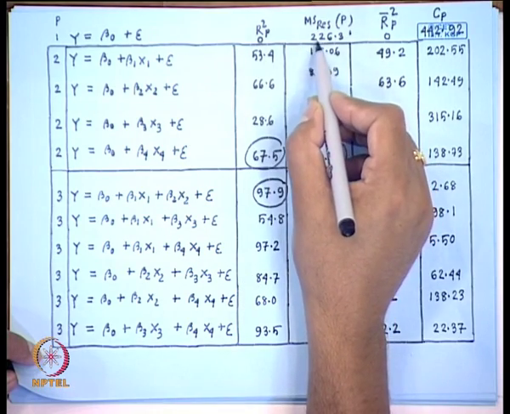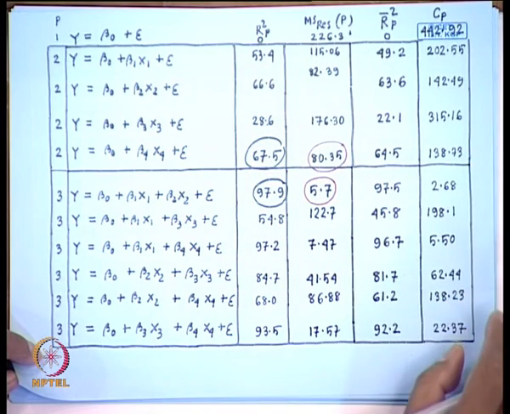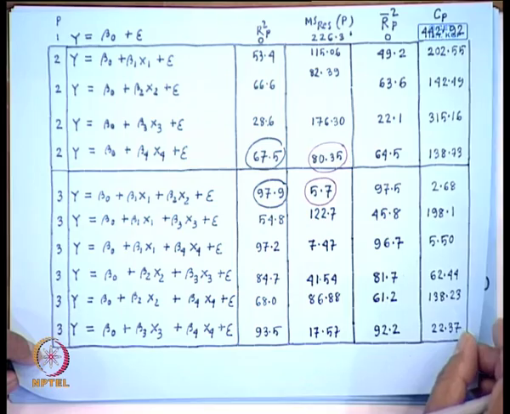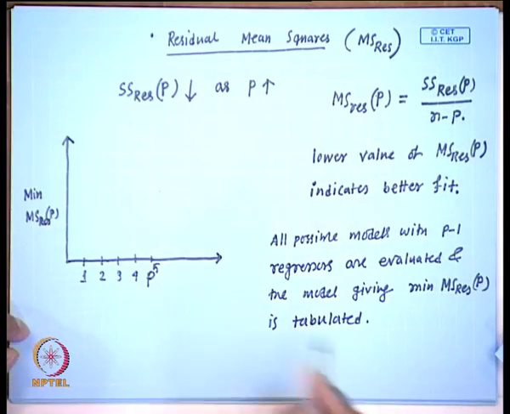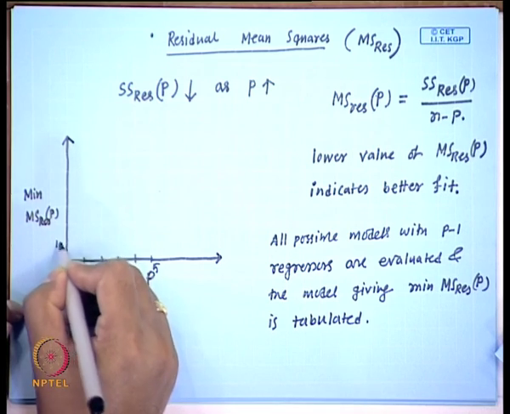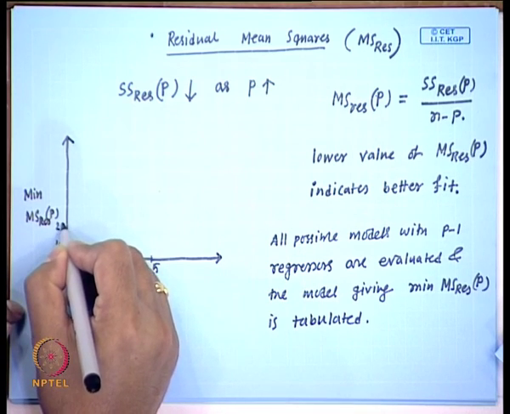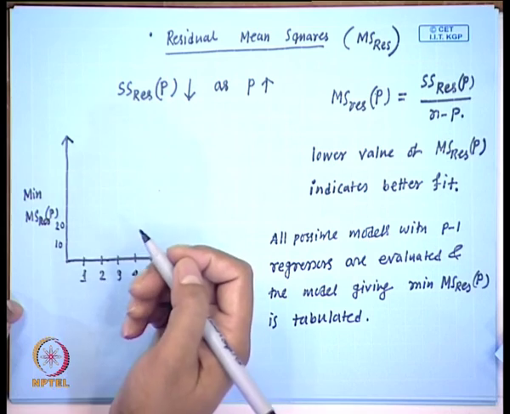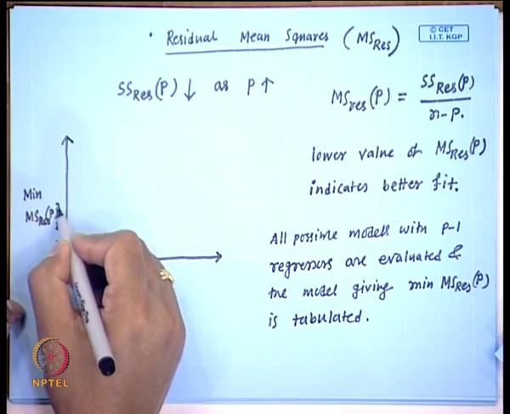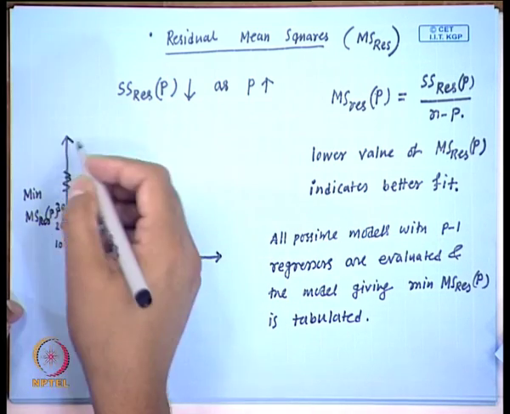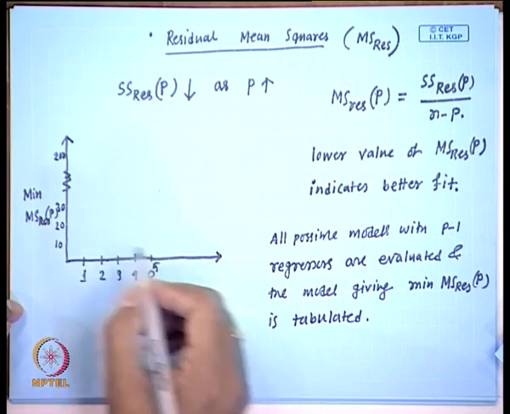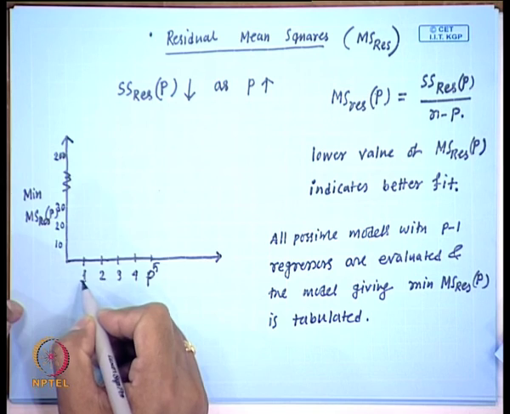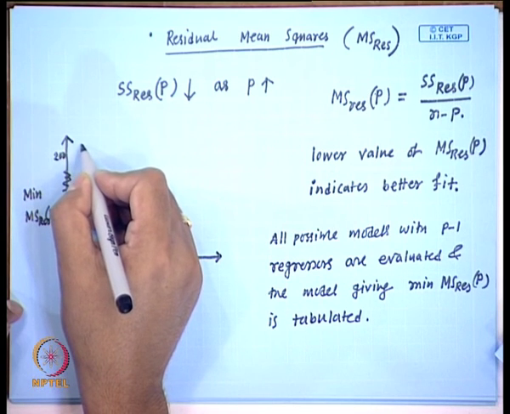The MS residual value is 2 to 6, right. Okay, so suppose this is 10, 20, 30, and then it is maybe 200 here. So, for p equal to 1 it is 2 to 6. So, somewhere here.